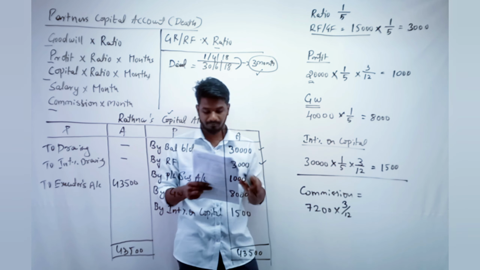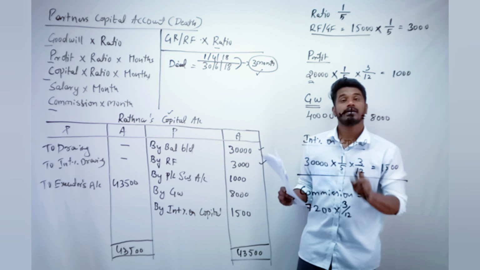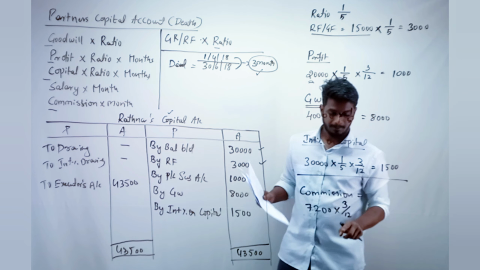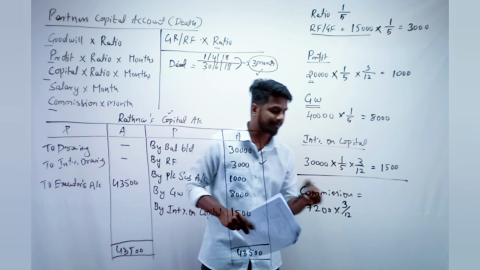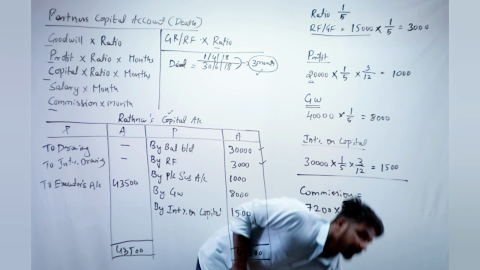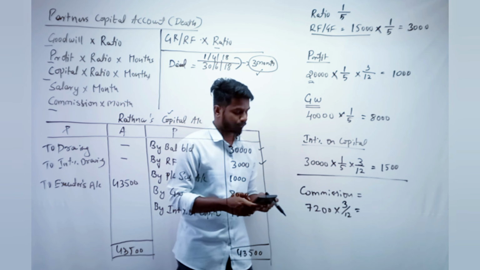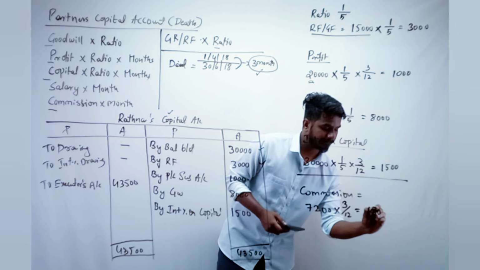Just remember this point. If there is a word annual, you should multiply by 3 divided by 12. This is important, he can confuse you with these English tricks. So 7,200 into 3 divided by 12 is 1,800.